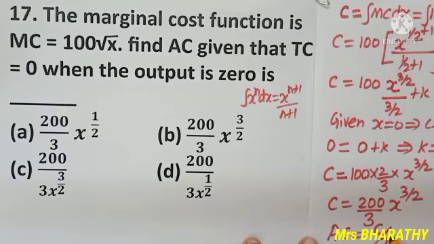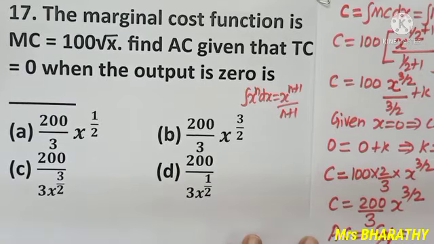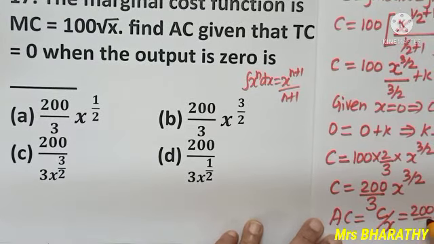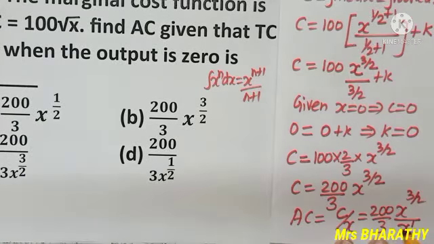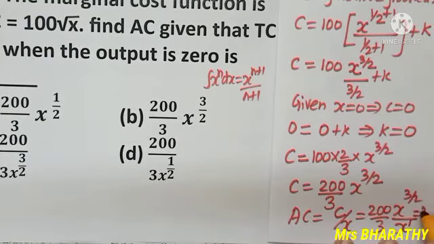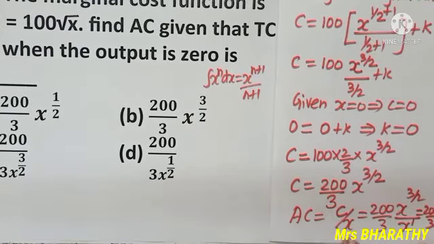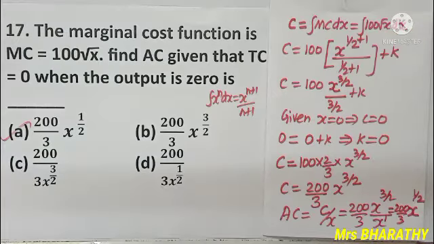Cost divided by x. As I divide cost by x, 200 by 3, x power 3 by 2 divided by x. As I simplify, it is 200 by 3, x power 3 by 2 minus 1, that is 1 by 2. So the right option is A.